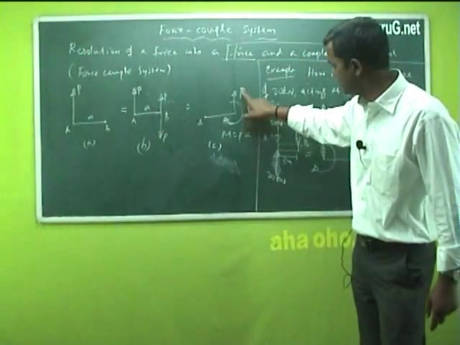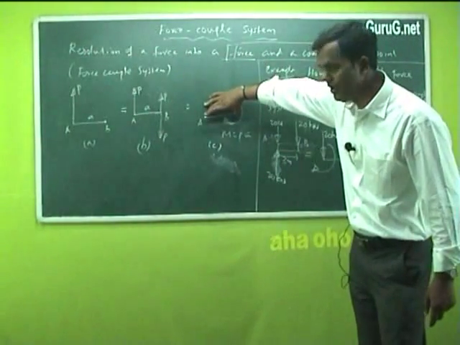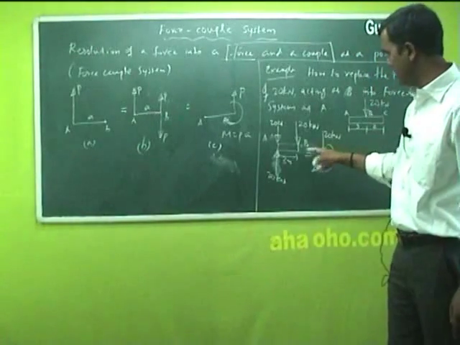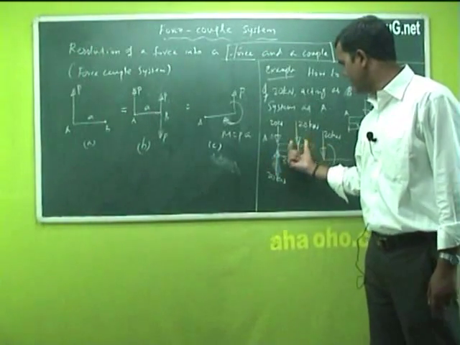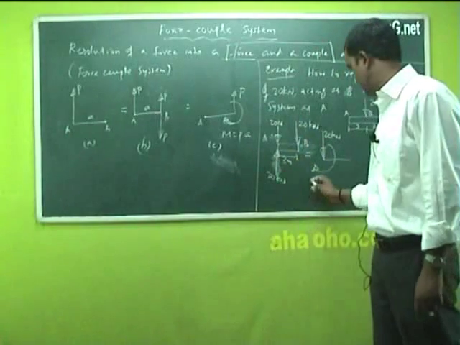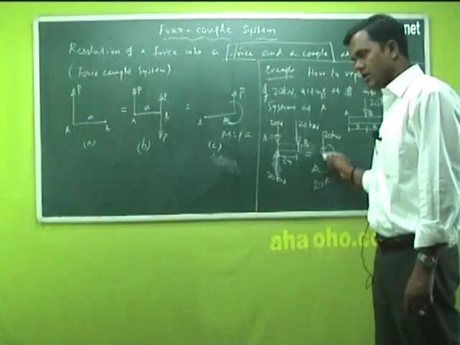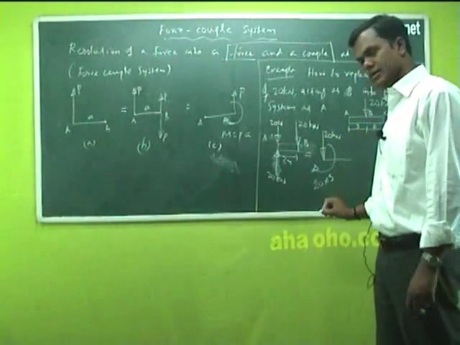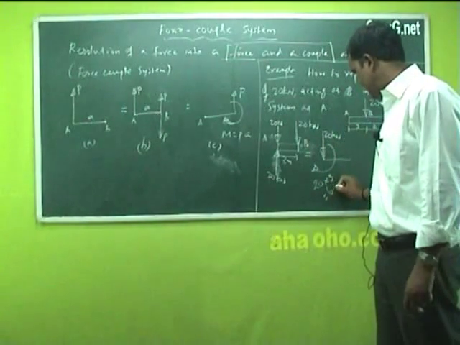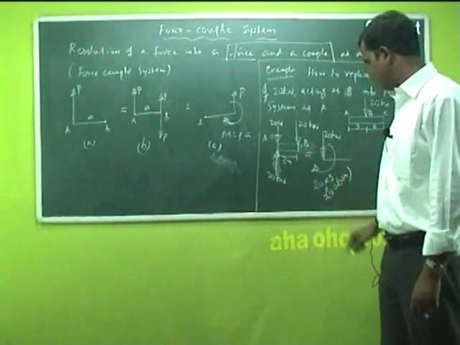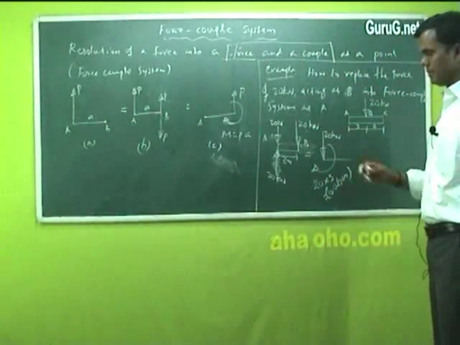The force is 20 kilonewton, and the distance formed here is 3 meters. So it is 20 kilonewton into 3 meter, which becomes 60 kilonewton meter. That is my couple.